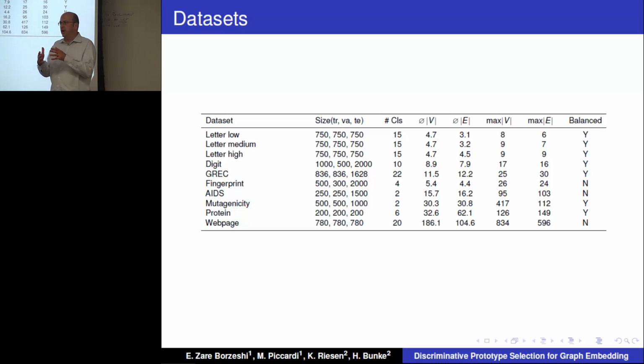The notion of class overlap is more obvious in vector space because you have a space where you can visualize that. But here the graphs could be perfectly overlapping, and you're relying on redundancy in the prototype set to be able to separate them.